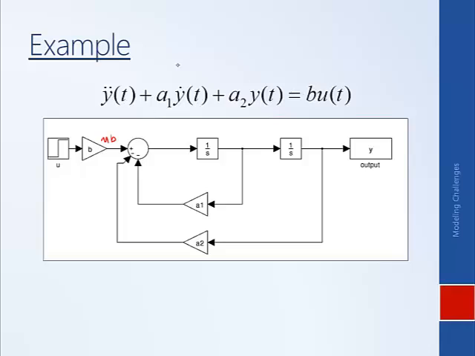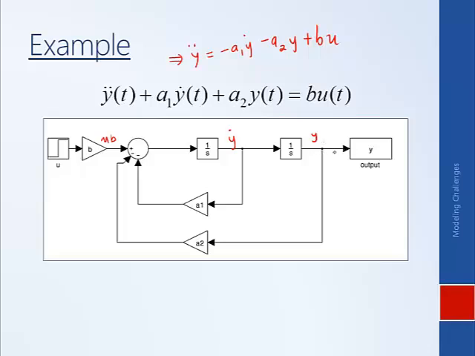Rearranging this differential equation, we can see that y double dot is equal to minus a1 times y dot minus a2 times y plus b times u. So this signal here is the plus b times u. It turns out that this signal right here is going to be y dot, and this signal here is going to be y.